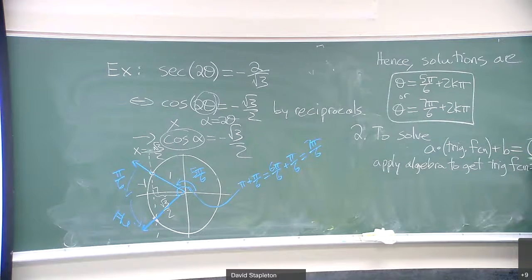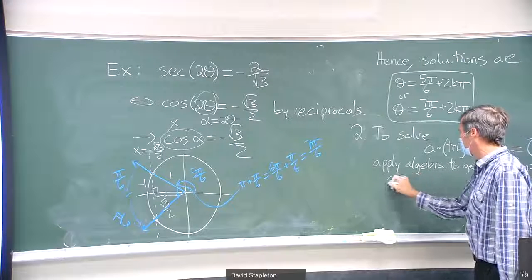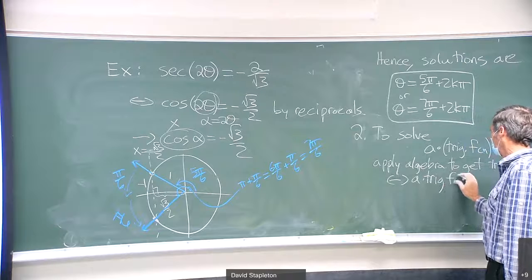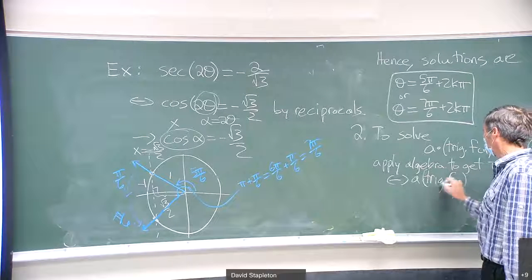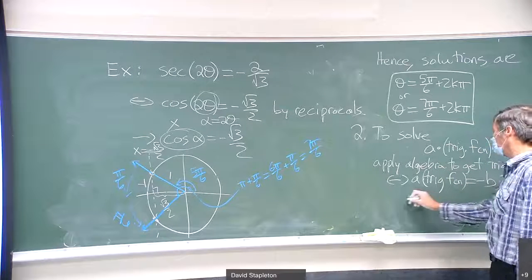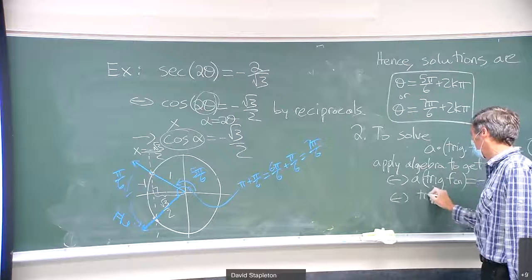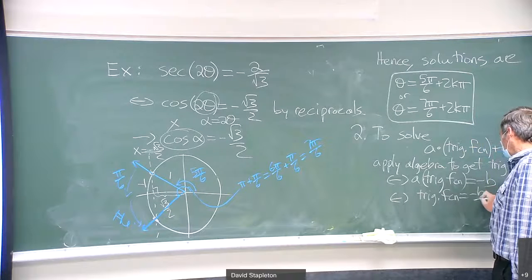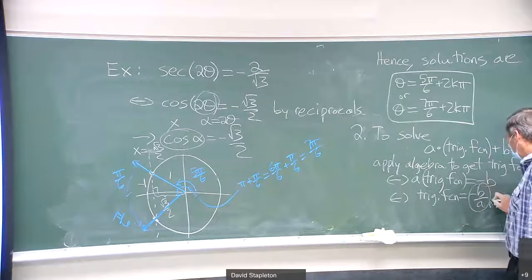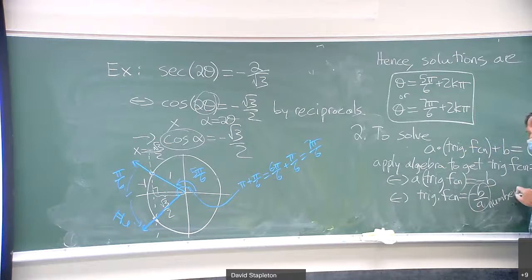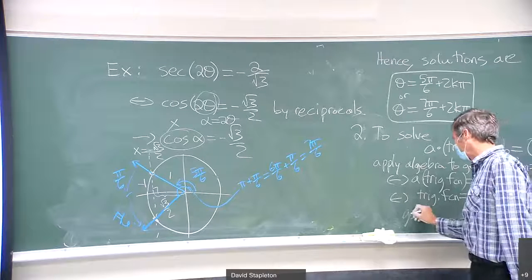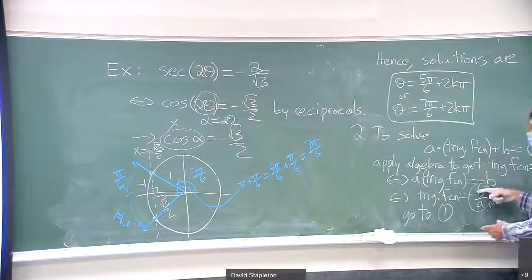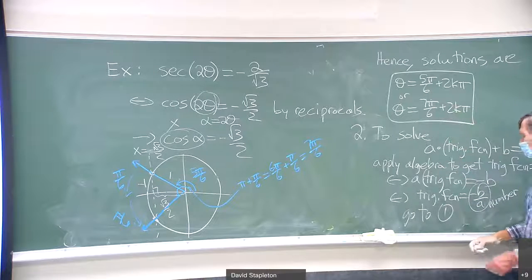In other words, you subtract b from both sides and write it equivalently as a times trig function equals minus b, and divide by a, and you got trig function equals minus b over a number. And now you go to step 1. There's the house that Jack built that I was talking about. You subtract b and divide by a, and then you go to number 1.